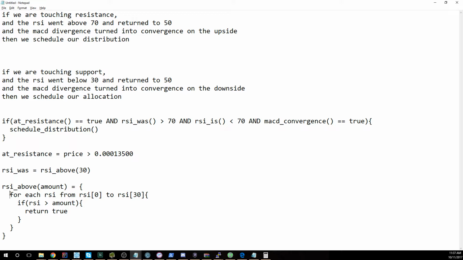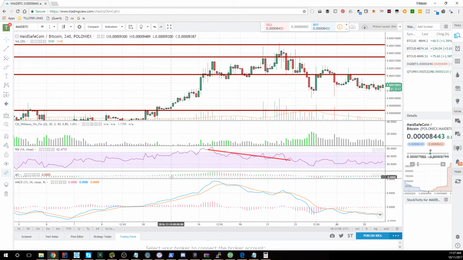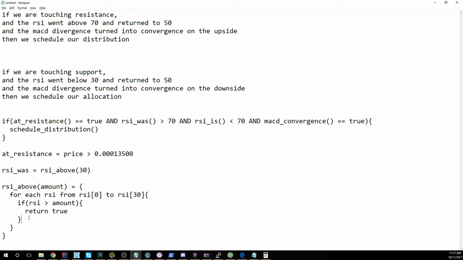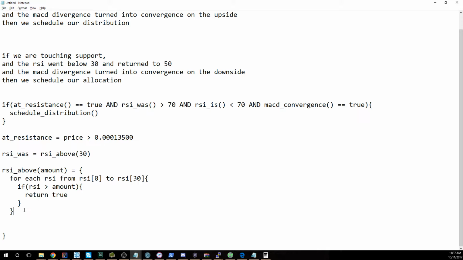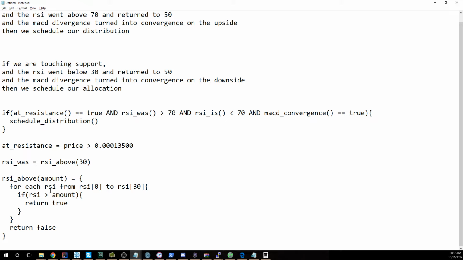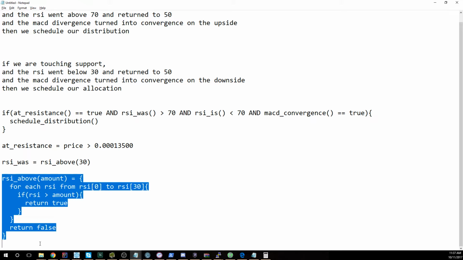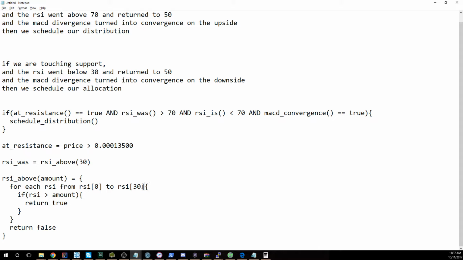So what's going to happen is we're going to look at all of our previous RSIs, and if any of the previous RSIs were above 70, then this will be true. Otherwise, if that never occurs, then this will fall out of here, and we'll go return false. Okay? And in this way, we can define our function about RSI simply by looking at the RSI.